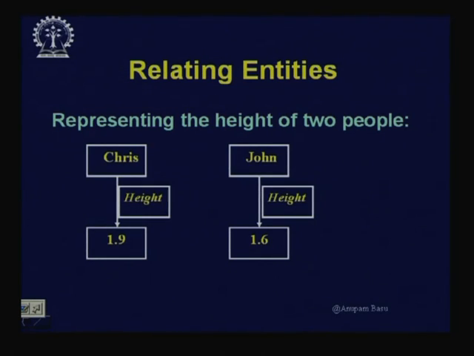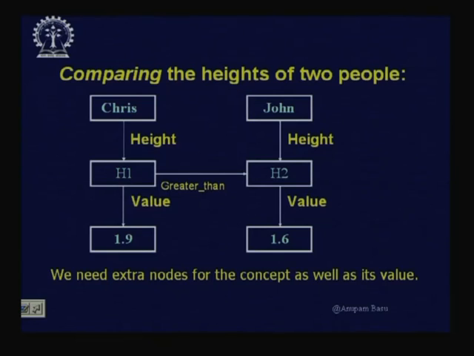But if we want to state that the height of Chris is greater than the height of John, in that case we will have to add some extra nodes to designate that concept. So, you can see how semantic nets can be extended. Let us look at this. Here we can see that we are now bringing in two other concepts.